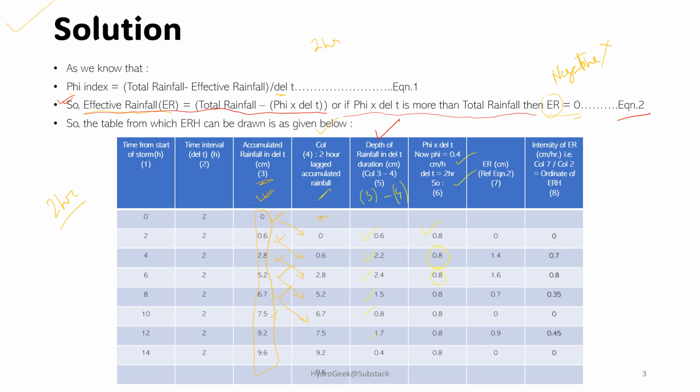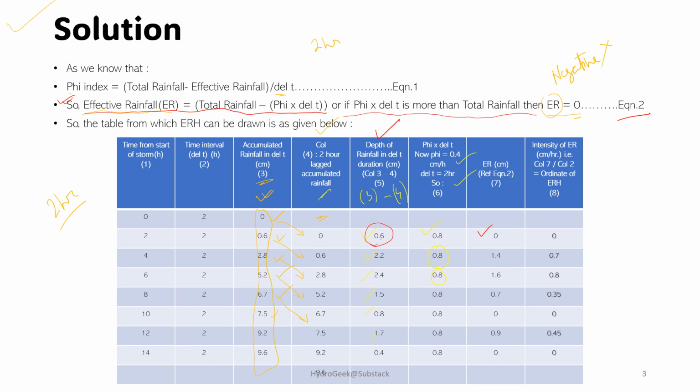And surprisingly, the first case is like that: 0.6 is less than 0.8. That means phi into delta is more than total rainfall 0.6. Clear? So to avoid negativity, we write 0. But for the next case, total rainfall is 2.2 and phi into delta is 0.8.